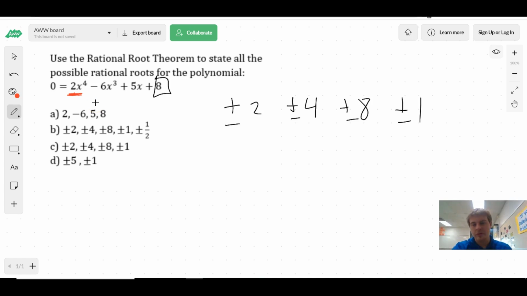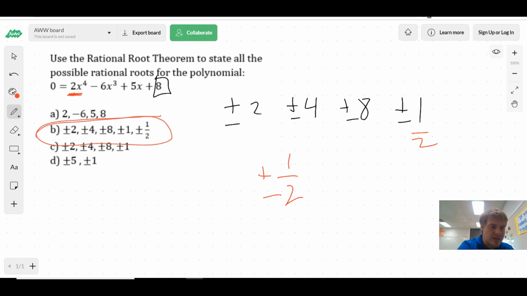Well, 2 divided by 2 we already have, which is 1. 4 divided by 2 is 2, which we already have. 8 divided by 2 is 4, which we already have. But the one we're missing is 1 divided by 2. So you could also have plus or minus a half, which would then be the correct answer choice.